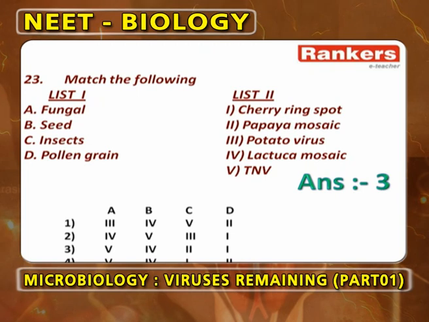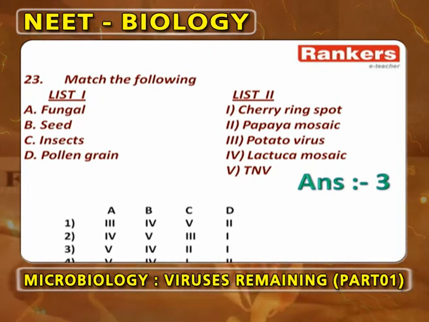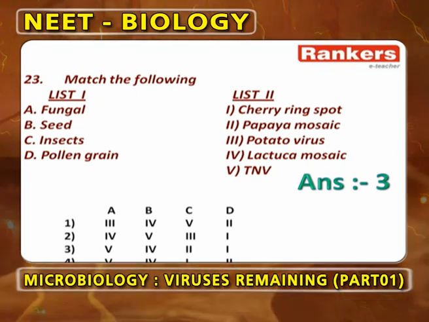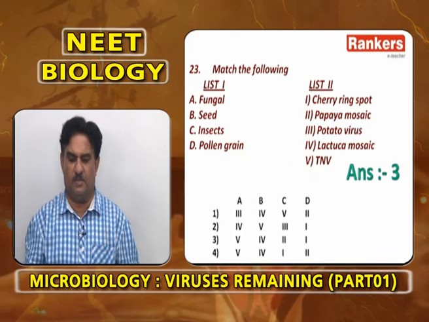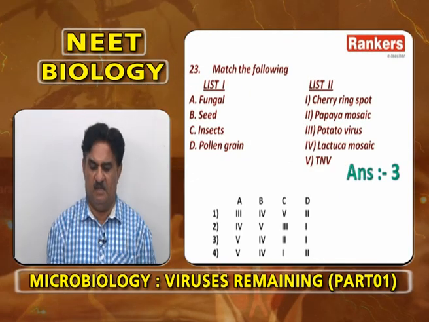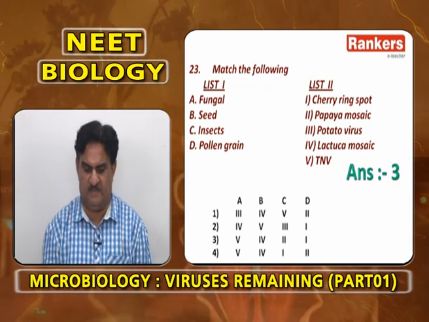Match the following: fungi, seeds, insects, pollen grains. This is the transmission: cherry ring spot, papaya mosaic, potato virus, lactuca mosaic, and tobacco necrosis virus.